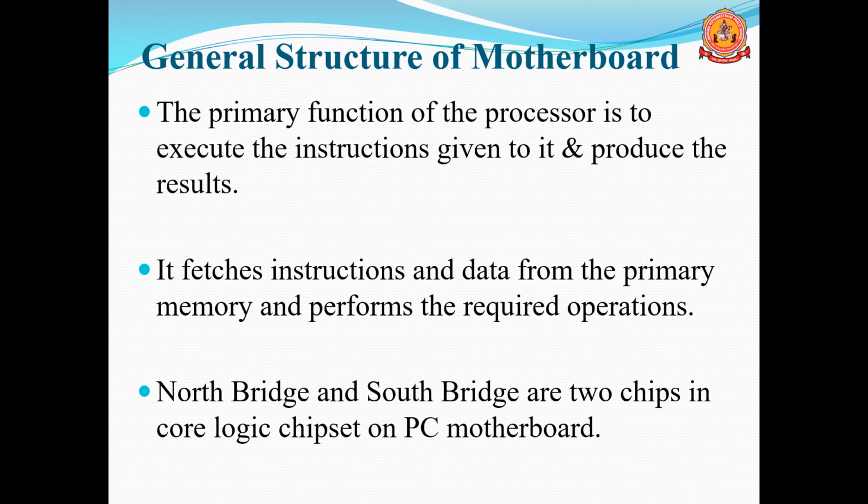Before moving to that, the primary function of the processor is to execute the instructions given to it and produce the result. If any instructions are given to the computer, they are executed by the processor and the result is produced.